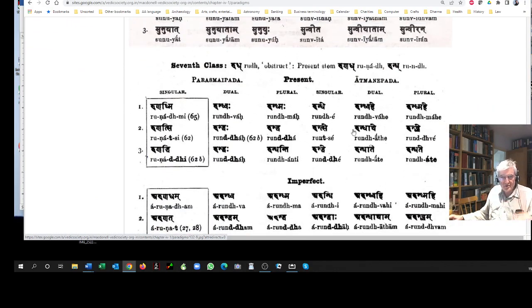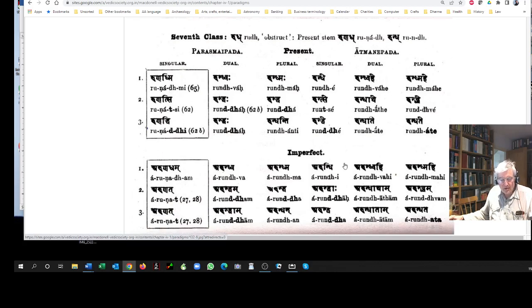What happens in the rudh class is that we get na in the stressed forms, otherwise known as the strong forms. Macdonell and other grammarians call them the strong and the weak forms. That's the thing of the stressed and unstressed. These are just words you give them. So this lot here in this box, you can either call it strong or stressed, and the others are weak or unstressed.